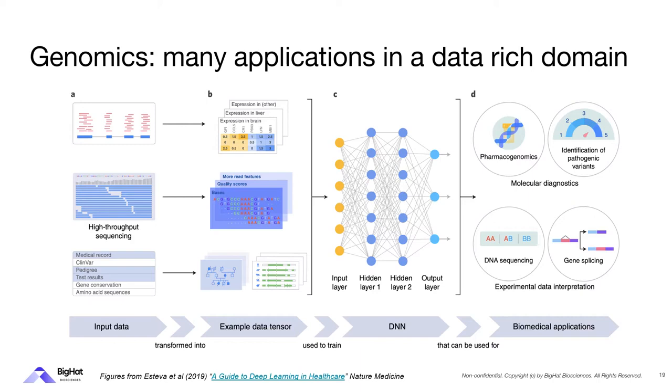And these are all done using deep neural networks, trained on a variety of different types of problems, all the way from experimental data interpretation to identification of pathological mutations and recommending different drug therapies based on different variants in your genome.